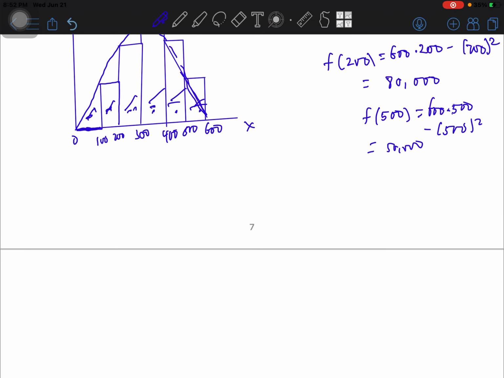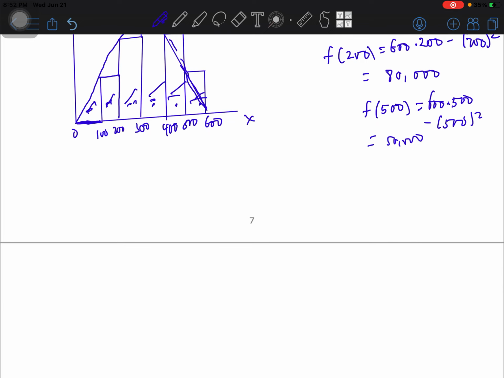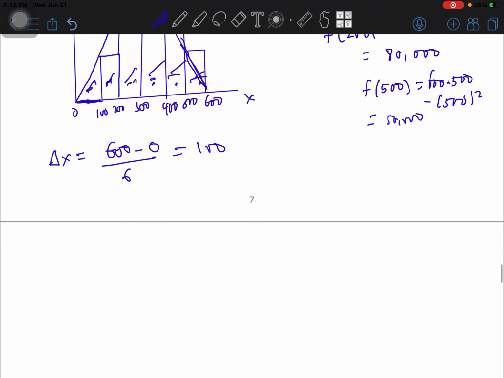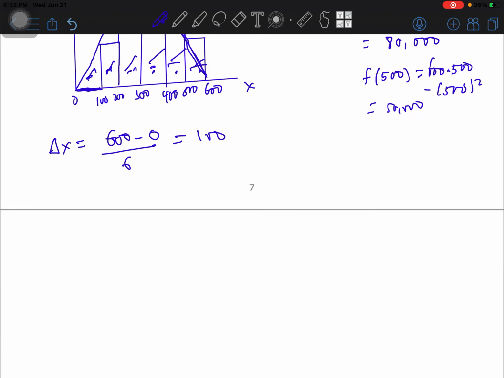So from here, you do the approximation as usual. Since you have already found this, delta x equal to 600 minus 0 over 6, which is equal to 100. That's our interval. We can also say that the area under the curve will be approximated as the sigma i equal to 1 to 6 of f of x_i times change of x.